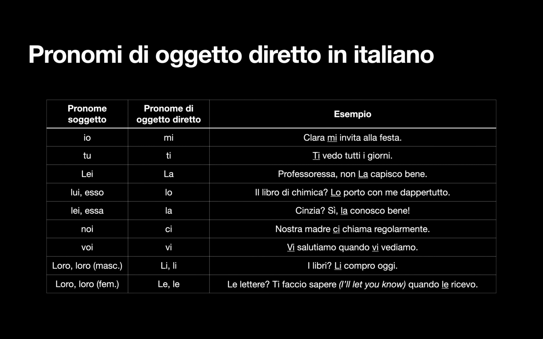This is in the case of the formal loro, those will be capitalized as well. And then as far as esso and essa, I know we haven't really talked about those pronouns much, but those are the pronouns that are used when a pronoun is needed to refer to an inanimate object. Usually, lui and lei are specifically only reserved for people.